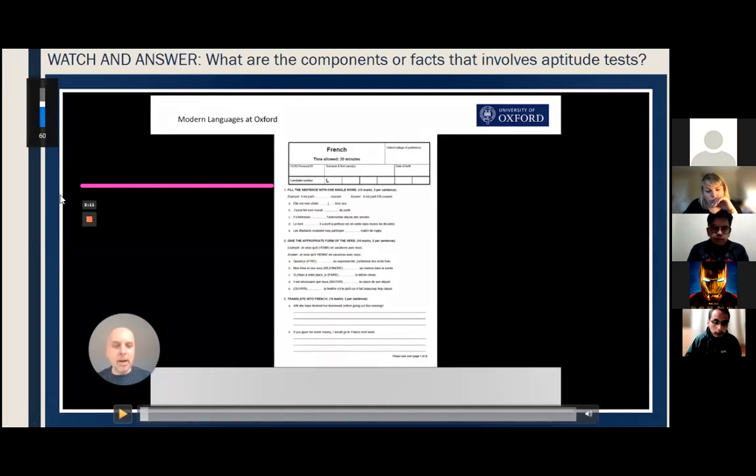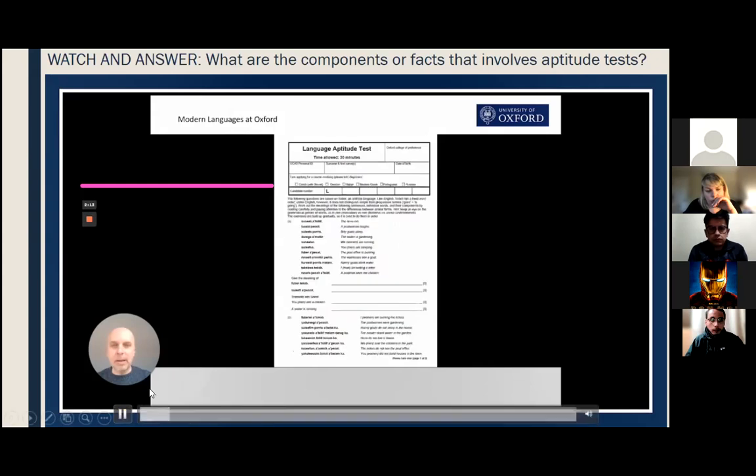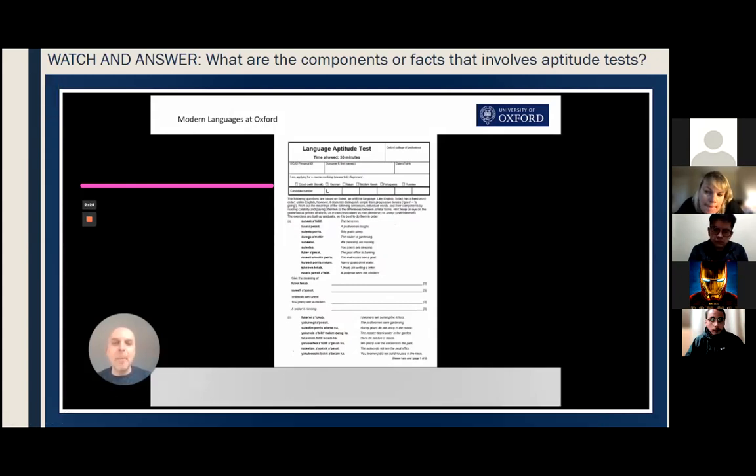Also just to show you the language aptitude test for beginner languages, because that one's slightly different. This is a test based on a made-up language that someone in the faculty invents a new language every year for this test, and it's trying to find out how good you are at working out the rules of how a language functions from some examples of it.